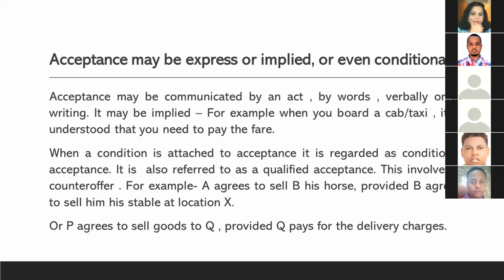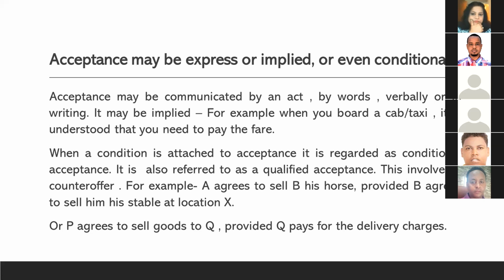Or let us put it this way. Ali Muhammad agrees to sell his car to Kader Siad, and Kader Siad says, yes, I agree to purchase the car provided you come and deliver the car to location A or location B. Then Ali Muhammad says, yes, I'm willing to come and deliver the car to you at location B. So this is again qualified acceptance.